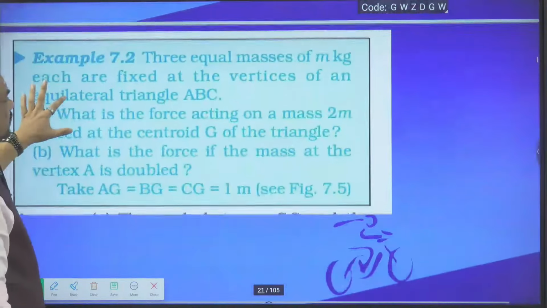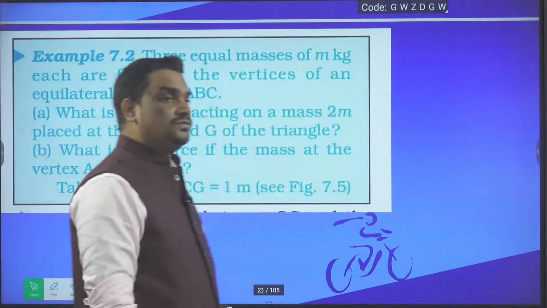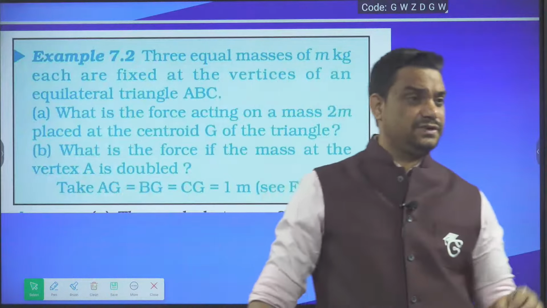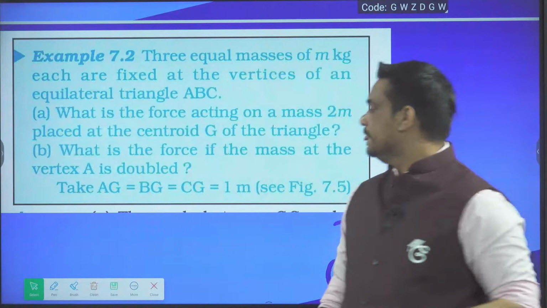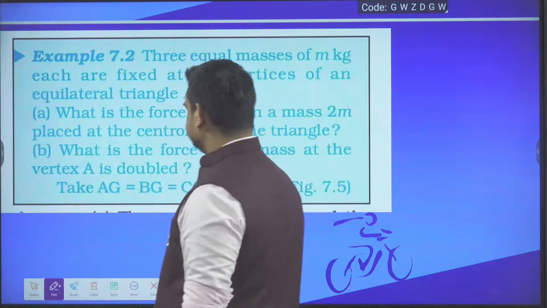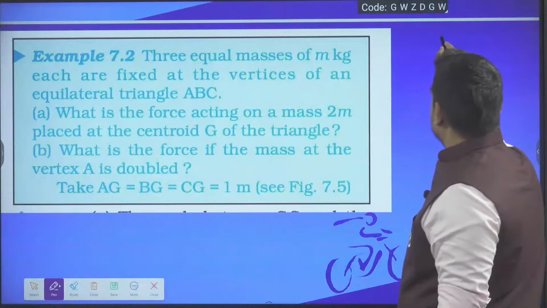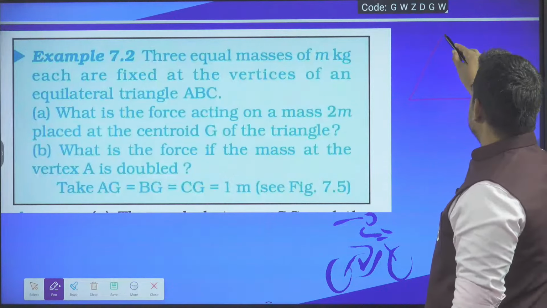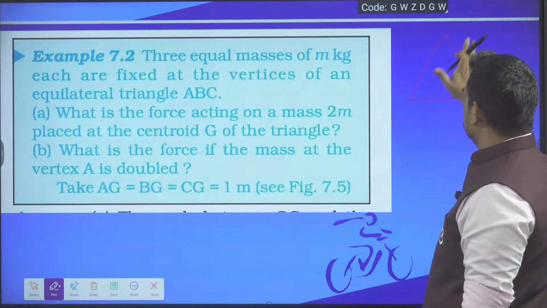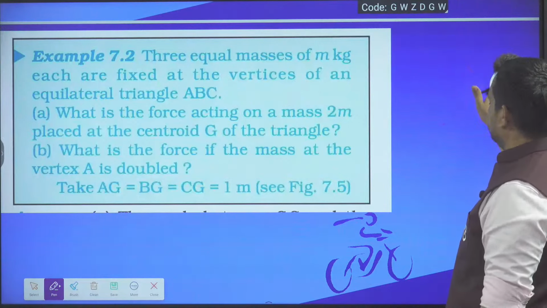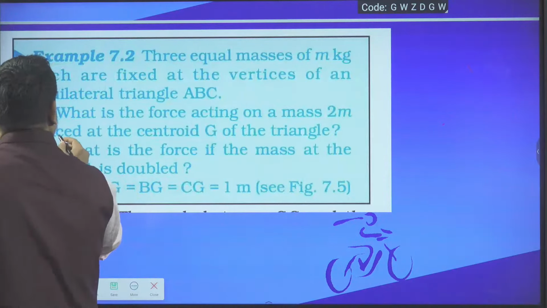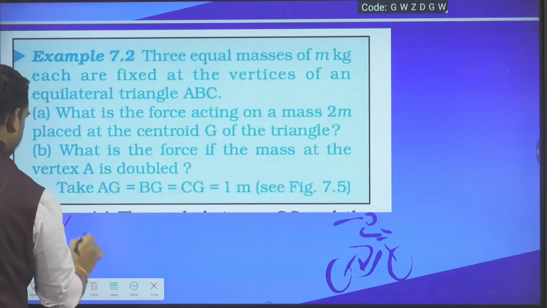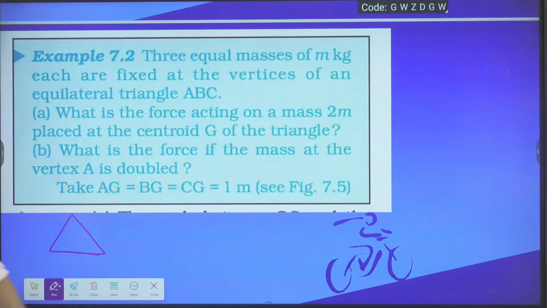Then comes the question: three equal masses of m kg each are fixed at the vertices of an equilateral triangle. So I can draw here three equal masses like this, at the vertices of the equilateral triangle.